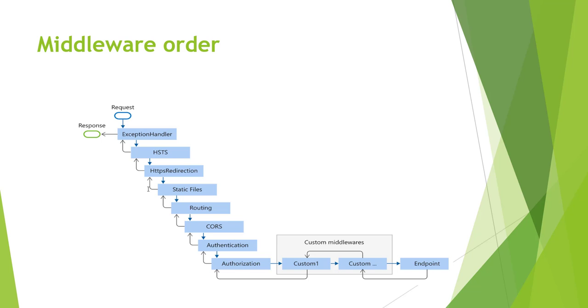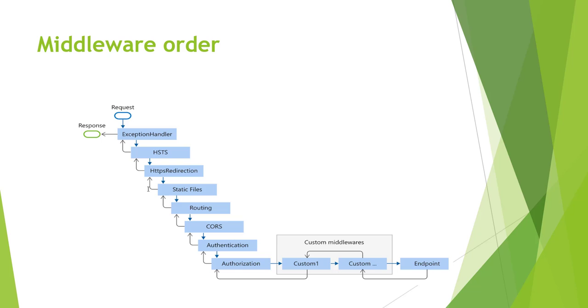Ideally, custom middlewares will be at the end, in between the authorization middleware and before calling the endpoint middleware. You have control over how to reorder these existing middlewares or inject new custom middlewares in any order, but this is the ideal way to order the middlewares.